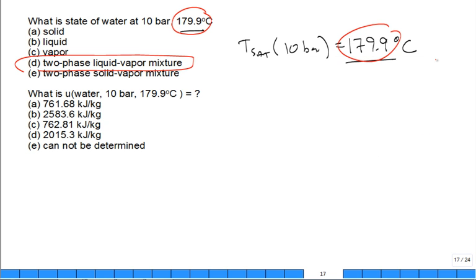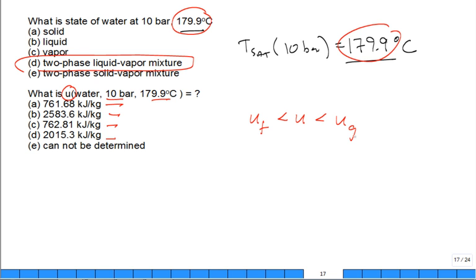Now, somebody says, then I'm going to want to get an internal energy as a function of pressure and temperature in that two-phase region. Is one of these values going to work? It could be anywhere between u sub f and u sub g. Temperature and pressure are not independent properties in the two-phase region.